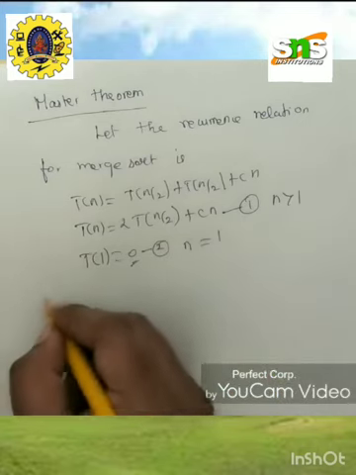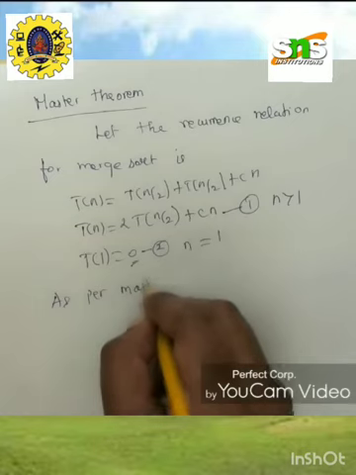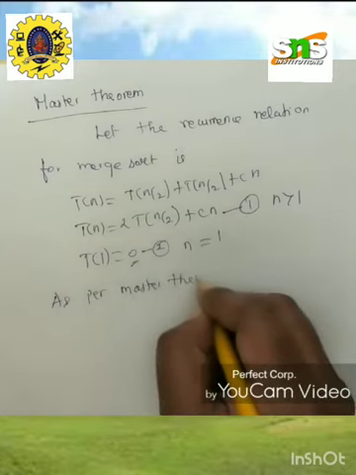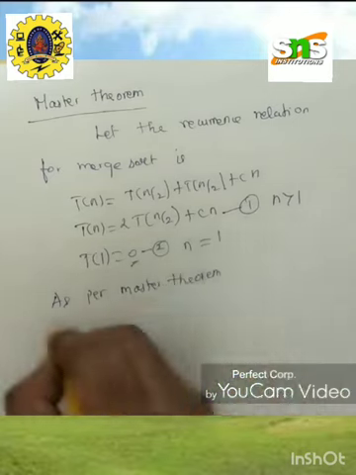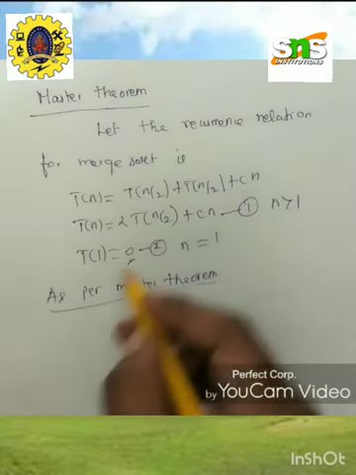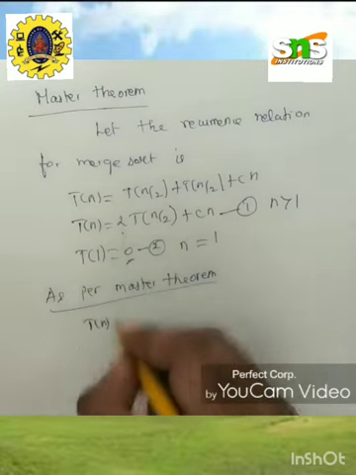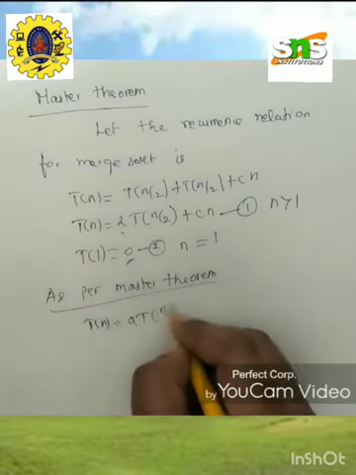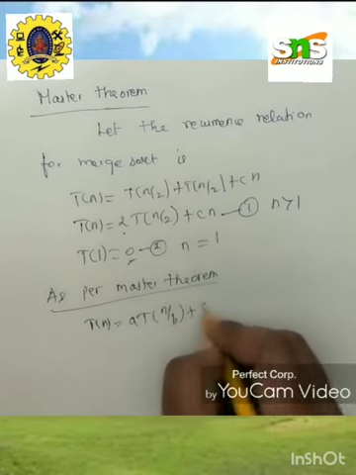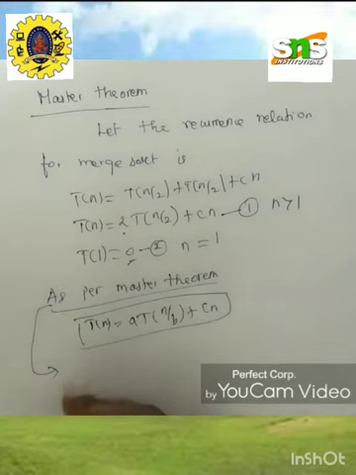Okay, so as per the master theorem, we have three formulas to solve a recurrence relation. Once again, the general form of this equation is a into T of n by b plus cn. This is the general term. We are going to apply three master theorems.